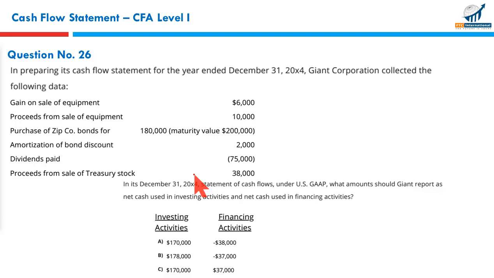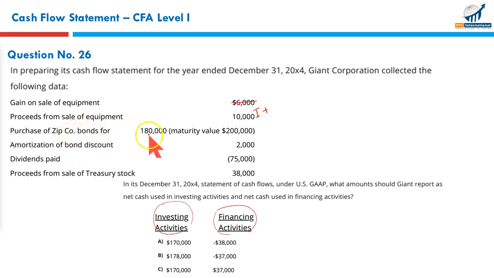Again, a bigger question. What is the right approach? We need to find out the cash flows related to investing and financing. We just need to find these numbers. Investing inflows, outflows, financing inflows and outflows. Gain is not a part of it. Proceeds from sale of equipment, it's an investing inflow.